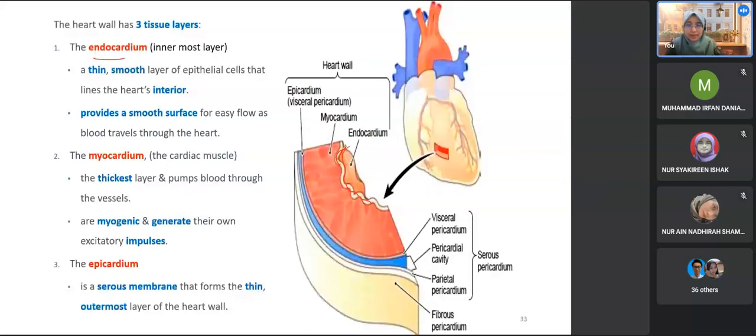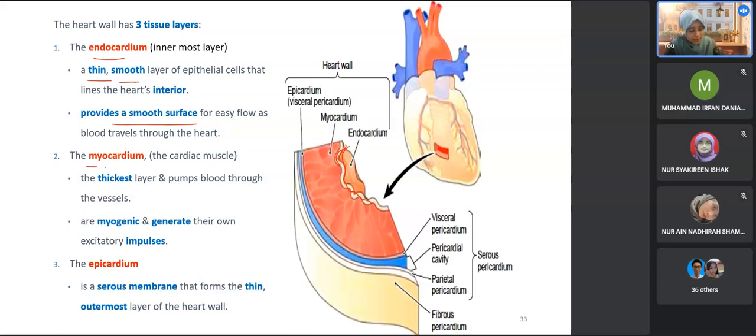It is thin and also smooth. It has to have a smooth surface because the blood will be inside the chamber, so this makes sure the blood flows nicely inside the heart chambers. It is a thin and smooth layer of epithelial cells that lines the heart interior, providing a smooth surface for easy flow as blood travels through the heart.